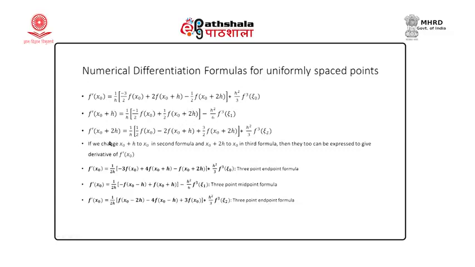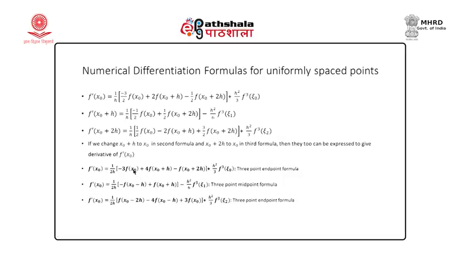In the third formula, when I change x0 plus 2h to x0, this will become x0 minus 2h, this will become x0 minus h, and this will become x0. So, the third formula is f dash x0 is 1 by 2h times f x0 minus 2h, minus 4 f x0 minus h, and plus, because 1 by 2 we have taken common here. So, it becomes 4, and plus 3 f x0, plus h square by 3 times the third derivative at the point xi2.